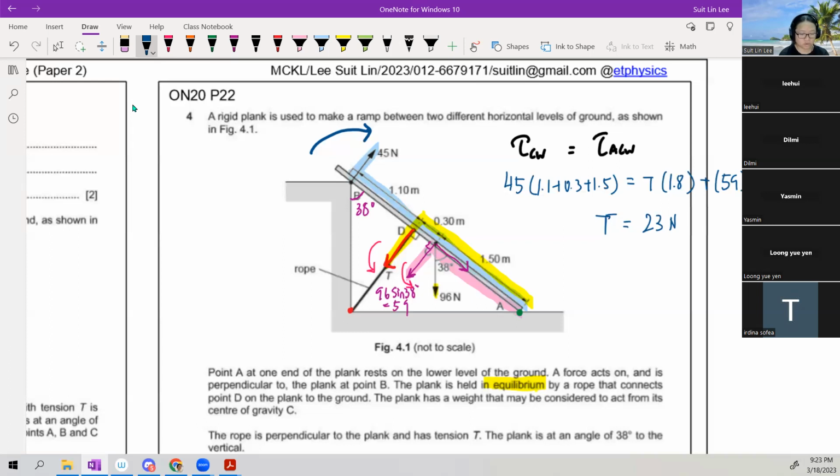Let me double check. Right, 70 over 3 or 23.33.